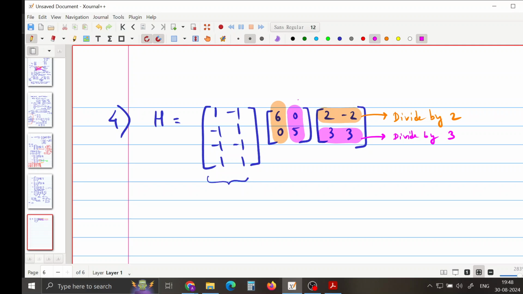This I will multiply by 3 and this I will multiply by 2. Okay, so the overall product remains unchanged.